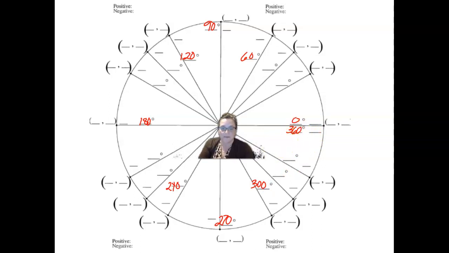Then my radian measures are 0 and 2 pi for the whole circle. Half of 2 pi is pi. Then going in 60-degree angles, that's equivalent to pi over 3.